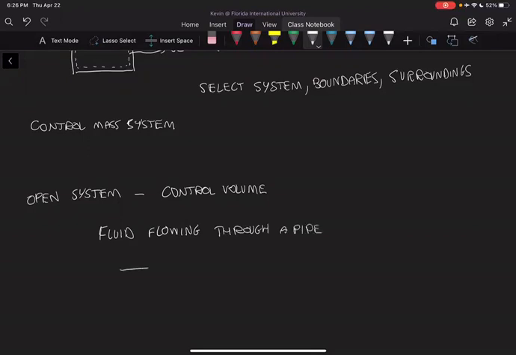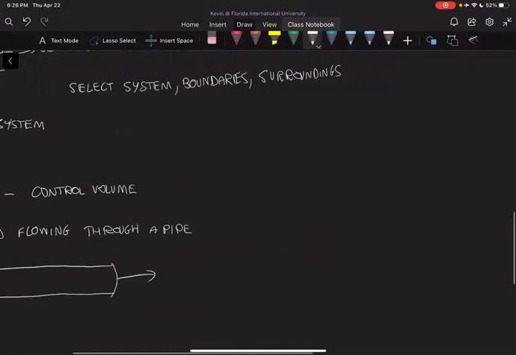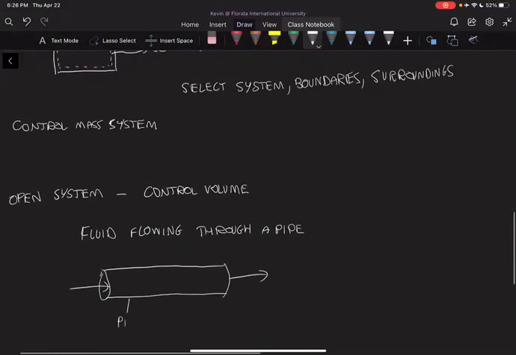And so if we have a pipe, for example, like this, so let's say it's like a round pipe with fluid going through, so we could say it's water or air going through. We have air going through, in and out, and so this is our pipe system, just to have it written down. So we can say that within this pipe, we can segment a little section, so a little boundary.